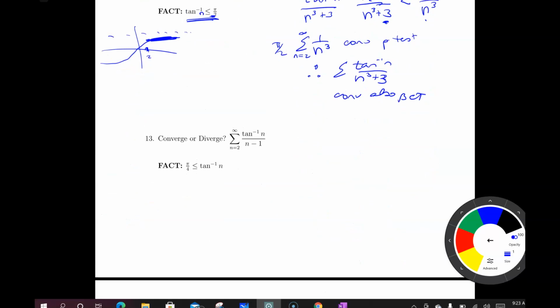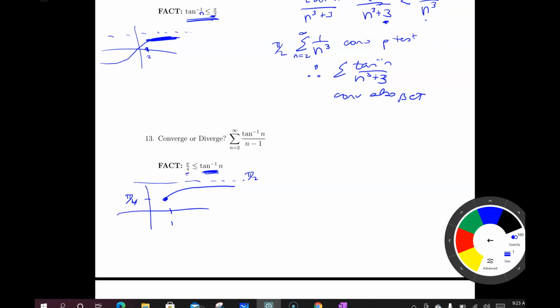Okay, let's finish off this one more. So arctan of n, if n's are starting at 1, this is pi over 4, right? Because tangent of pi over 4 is 1. And then it goes up here to this pi over 2, this asymptote, right? Okay, so I know that arctan of n for sure is going to be bigger than or equal to pi over 4.